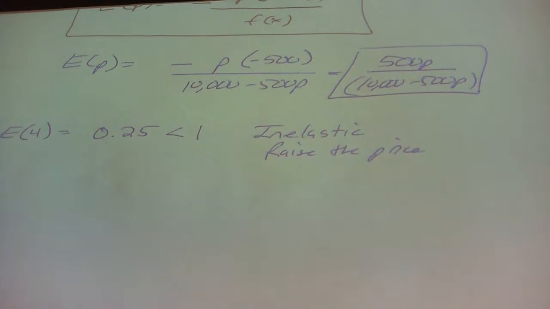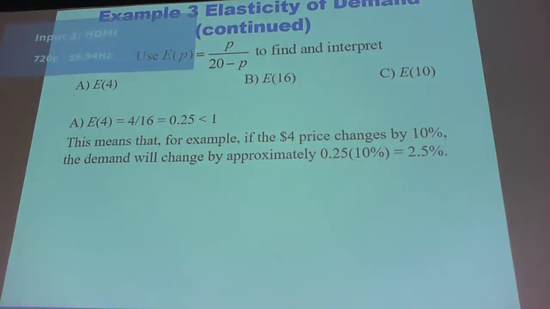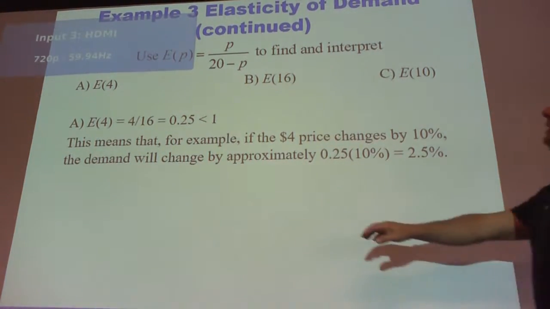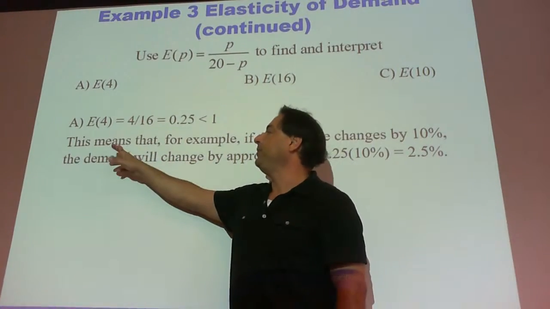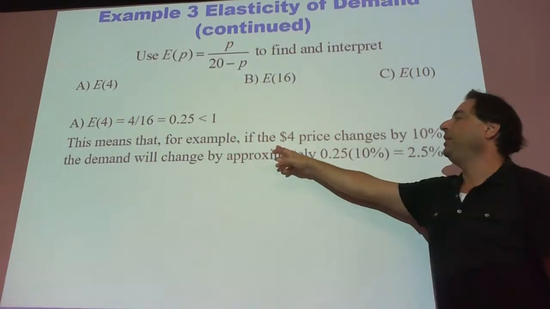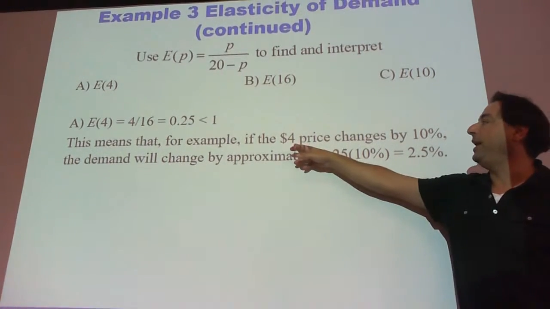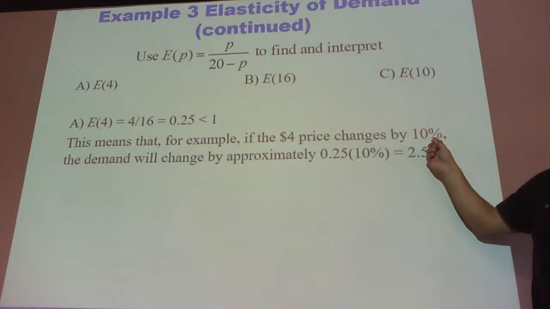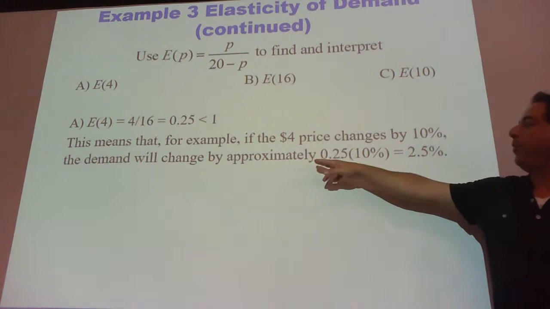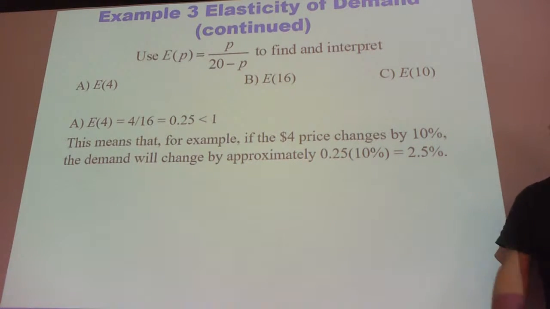The longer answer, which I want you to appreciate, is that, let's look at the number where 0.25 came from. It came from 4 over 16. That means, for example, if the $4 price changes by 16%, the demand will change by approximately 4%.